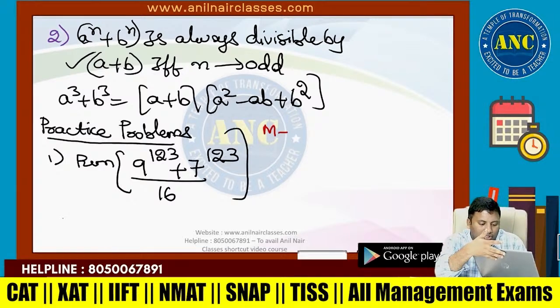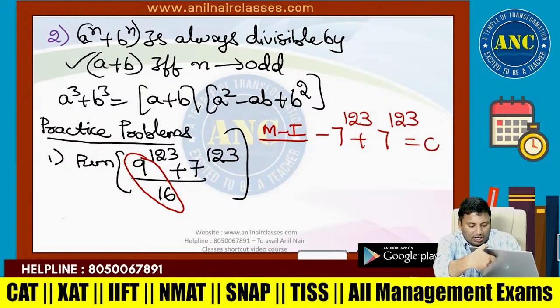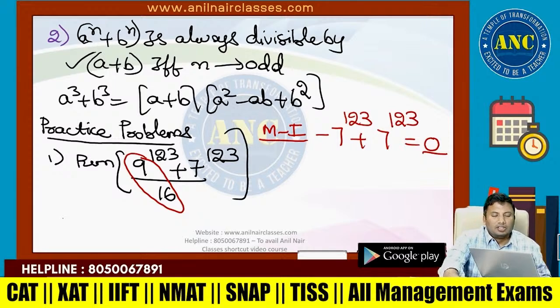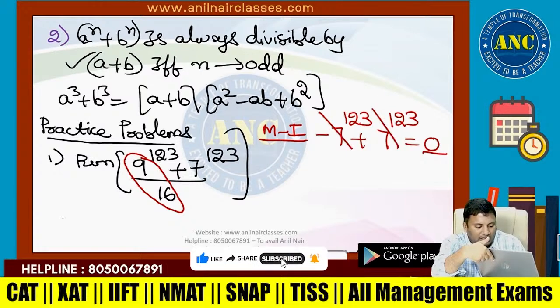You can solve it in two methods. Method 1: 16 minus 9 is 7, so 9 is congruent to negative remainder minus 7. Minus 7 power 123 plus 7 power 123, the answer is 0. It is cancelled.